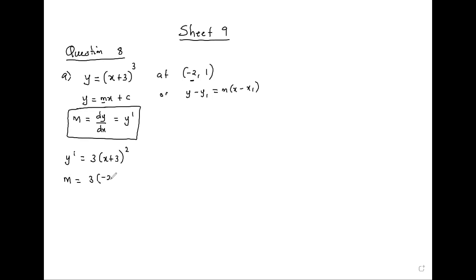So 3 times (-2 plus 1)... sorry, (-2 plus 3) squared. -2 plus 3 is +1. +1 squared is 1. 1 times 3 is 3. So we have m is equal to 3.